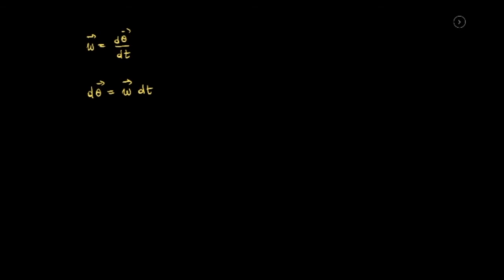So the final angular velocity is equal to the initial angular velocity, which is a constant number, plus alpha t, since the final angular velocity depends on time, multiplied by dt.